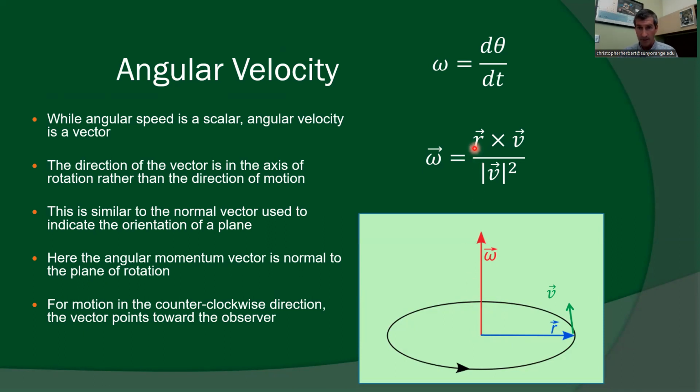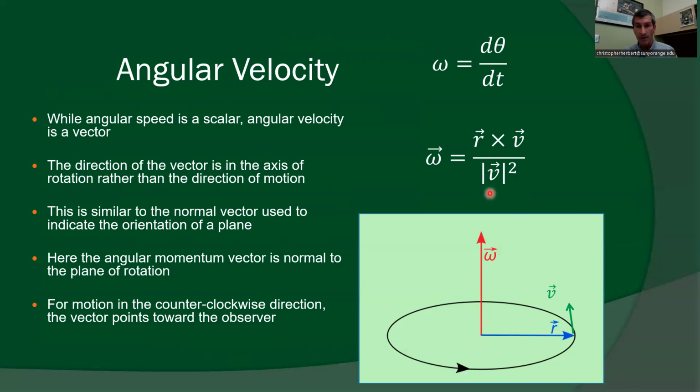So if we take the cross product of the radius vector, the position vector, which points to some point on the outside of the disk, and that point's velocity, we get a vector which is perpendicular.